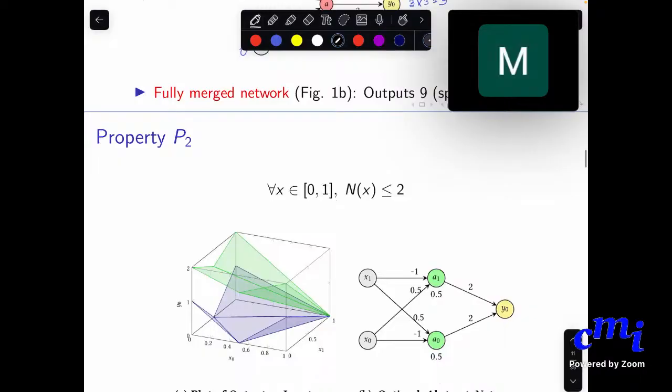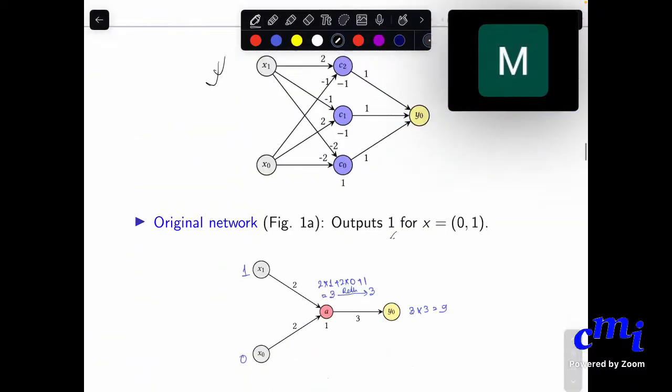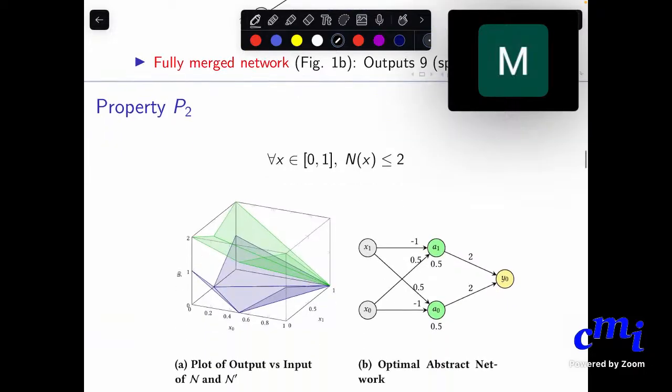Say for the same original neural network I already showed, the property we are now considering is: for all x belonging to [0, 1], N of x is less than 2. This blue graph plots the actual behavior of the neural network for these data points.